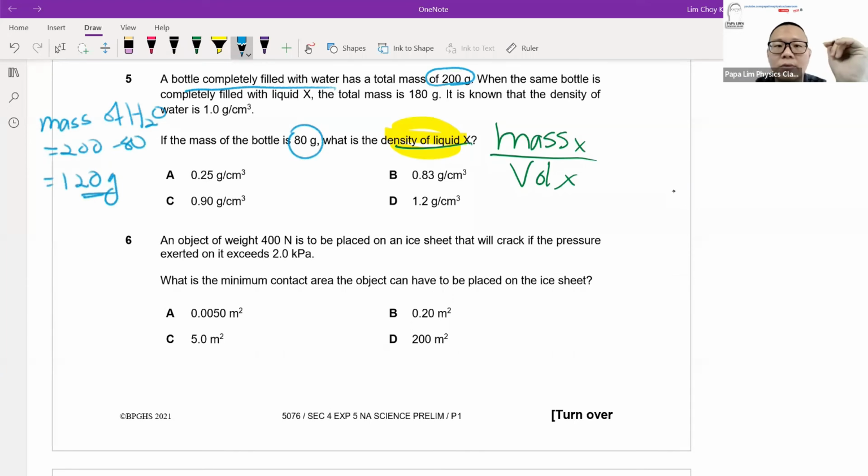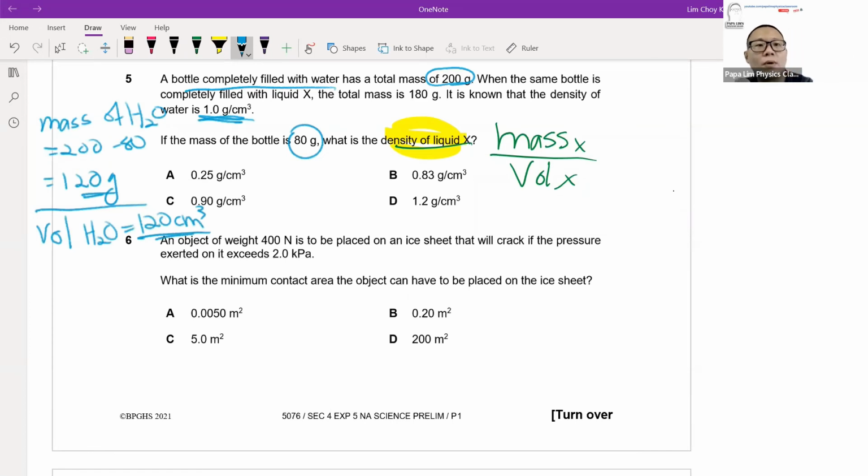So that's the mass of the water. Now, with the mass of water and the density of water, which is 1 gram per cm cubed, I will know that the volume of the water is 120 centimeter cubed.